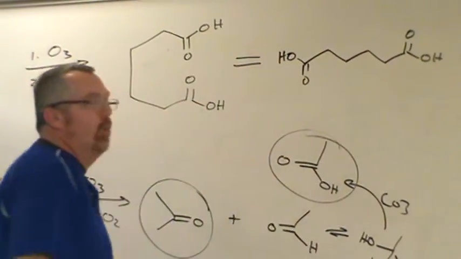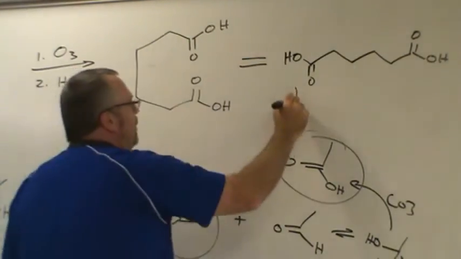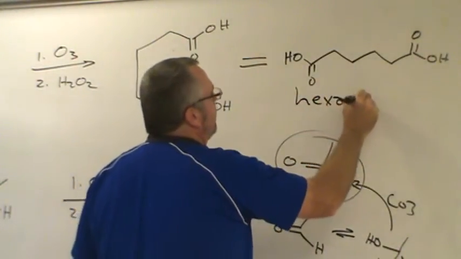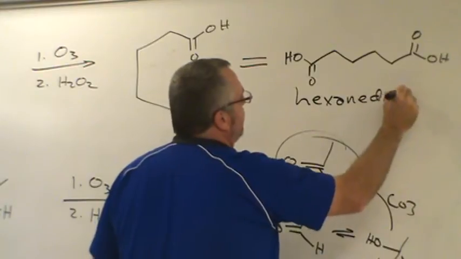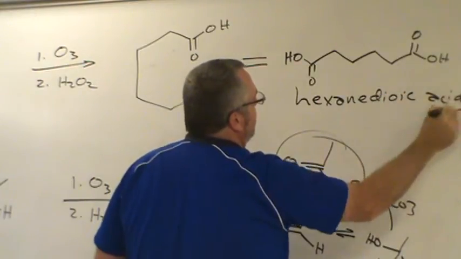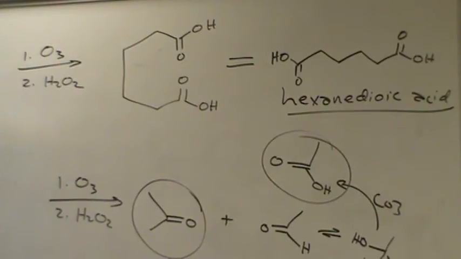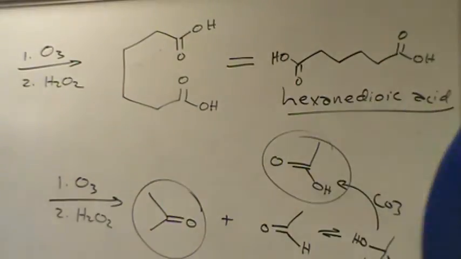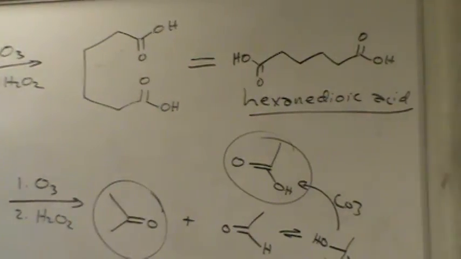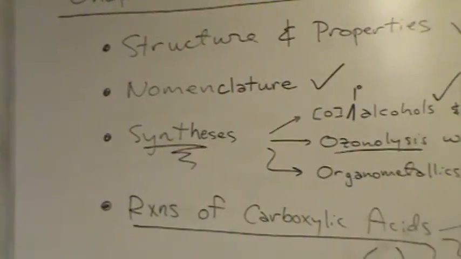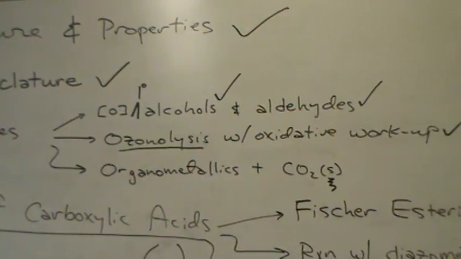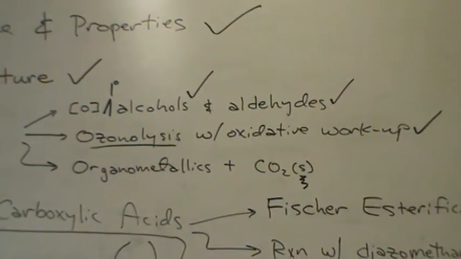There's our hexane dioic acid again. So, we can prepare carboxylic acids from the ozonolysis reaction. And you've known that for quite a while, but now it comes full circle because we understand and appreciate a few more things about carboxylic acids compared to where we were back in the first semester.